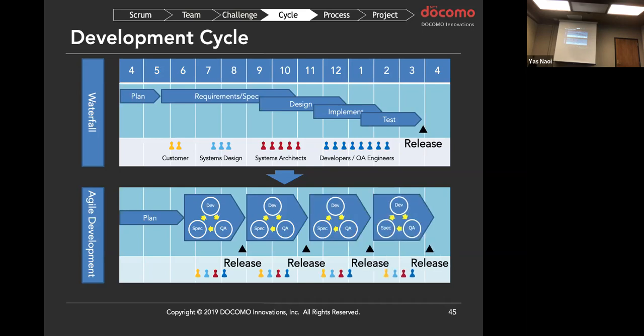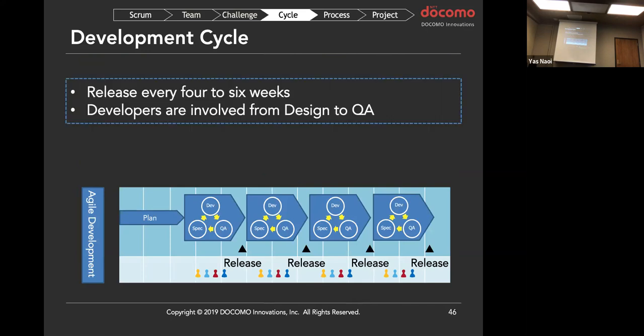So through the year, we can release 4 times. In that way, we can avoid misunderstanding and mismatch with the final goal of our customer's expectation.